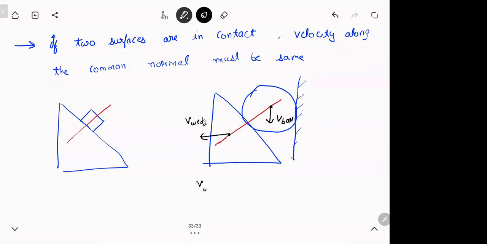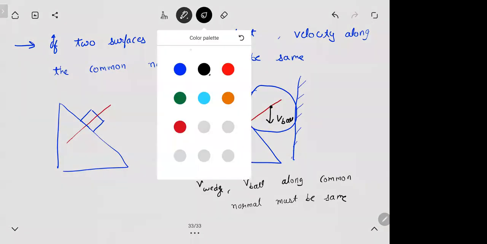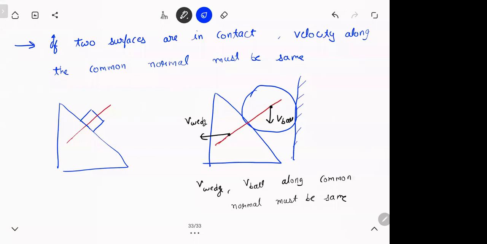So velocity of wedge and velocity of ball along the red line, that is along the common normal, should be same, or else they will lose contact. This is the same thing. Rigid body concept only, we are little extending it. So if two surfaces are touching each other, velocity along that common normal must be same.